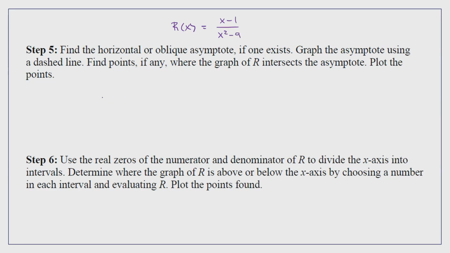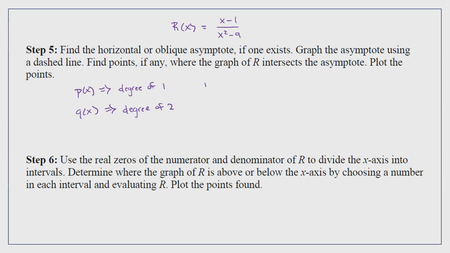So to determine whether we have an oblique or horizontal asymptote, we need to find the degree of p of x, which is the polynomial in the numerator. And this has a degree of 1. And then find the degree of the polynomial in the denominator. And this has a degree of 2.